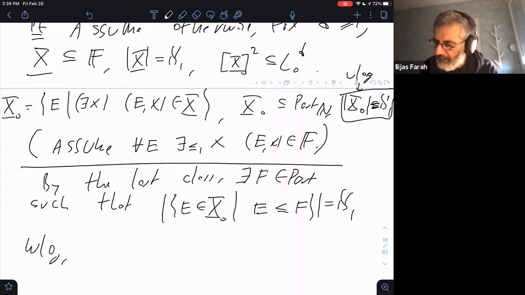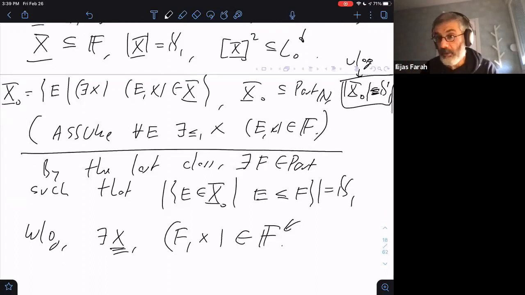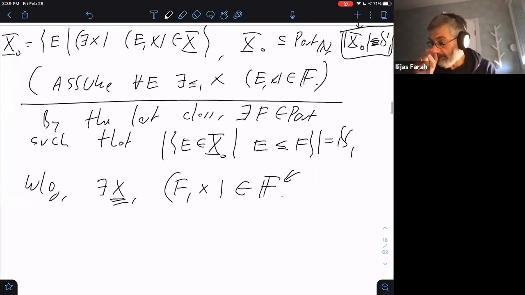So without loss of generality, there exists an X such that FX belongs to F. Why is that so? Well, because F is cofinal. Right, the first coordinates of F are cofinal in part. So we actually have this unitary here, and we can use this unitary to uniformize what we have down there.